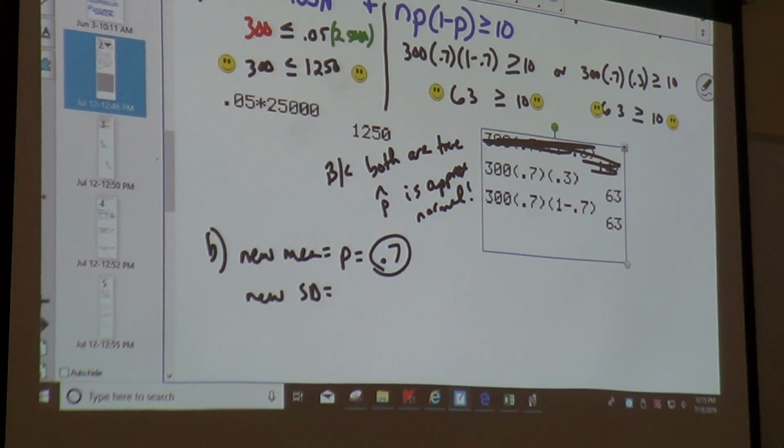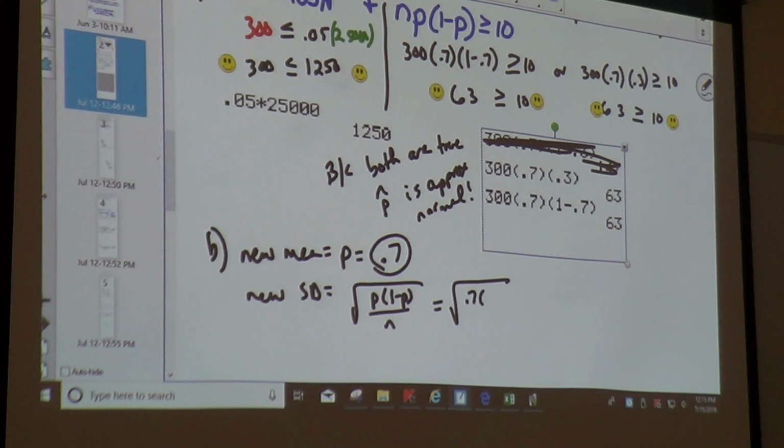Now, to get our new standard deviation, we're going to do the square root of P, 1 minus P over little n. So what is our P? 0.7. What is 1 minus P? 0.3, or you could have done 1 minus 0.7, divided by what is our n? 300.